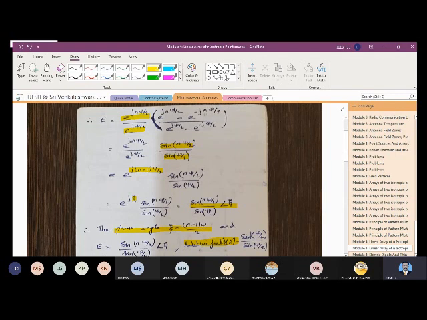We simplified it as e to the power of j n minus 1 psi by 2 sine of n psi by 2 by sine psi by 2. So after completing all these things, we just redefined n minus 1 psi by 2 as zeta, and then we completed these things further. So zeta is called the phase angle, that is n minus 1 psi by 2.